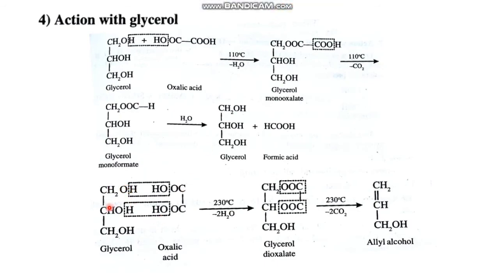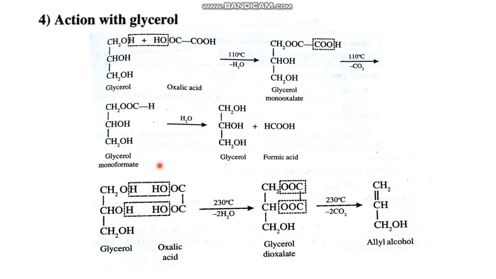Similarly, when we heat this glycerol with oxalic acid at around 230 degrees Celsius, first we get glycerol dioxalate. Again there occurs an elimination of 2 molecules of carbon dioxide. We get allyl alcohol.